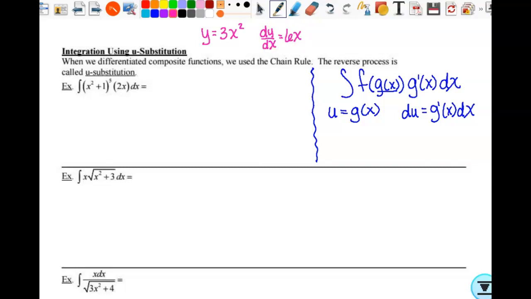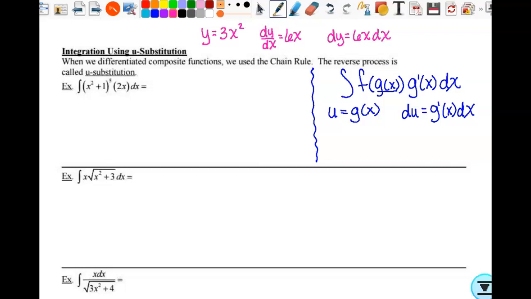Make sense? So this doesn't always have to be connected together. If I wanted to get dy by itself, I can multiply both sides by dx, so I get dy equals 6x dx. Does that part make sense to you? You see how we get from one to the other?